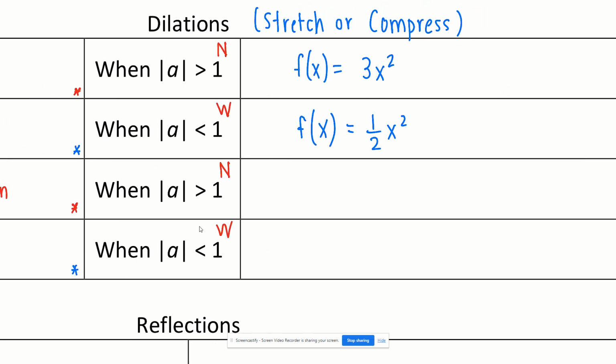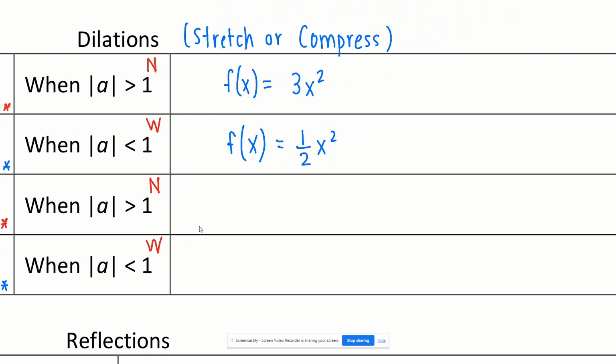So for example, I might have an equation that looks like this. F of x equals, open parenthesis, 2x, close parenthesis, squared. See how I'm multiplying by 2 on the inside? So here's what your brain would process, I hope. You look at this value and you'd be like, hey, that's multiplying by 2 on the inside.